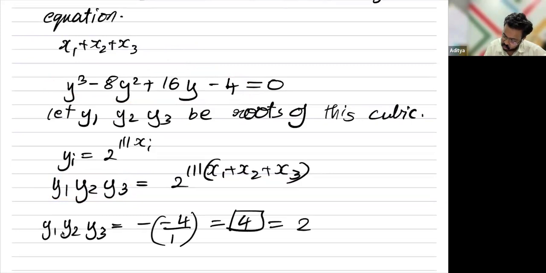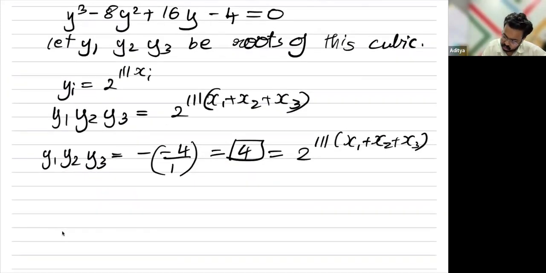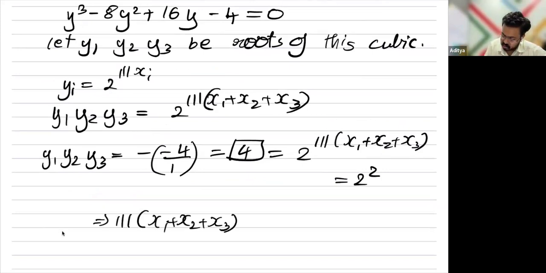And that is equal to 2 to the power 111 times x1 plus x2 plus x3. 4 can be otherwise written as 2 to the power 2. So from here you have 111 times x1 plus x2 plus x3 equal to 2. And your answer is x1 plus x2 plus x3 equal to 2 upon 111.